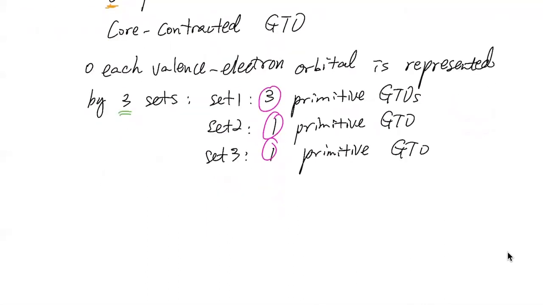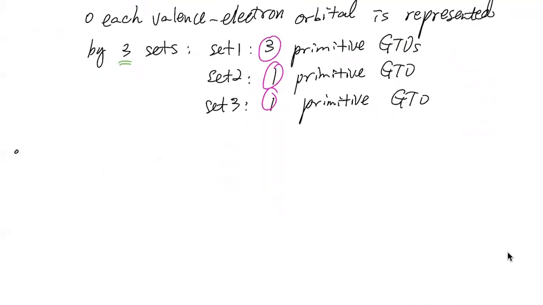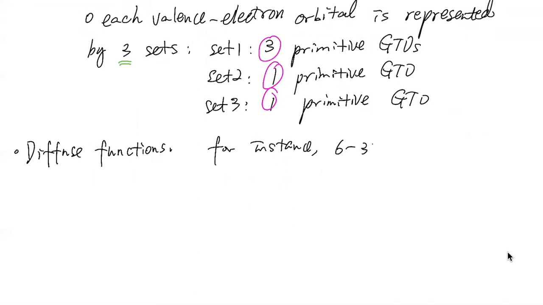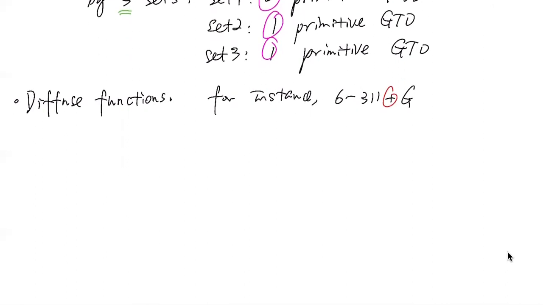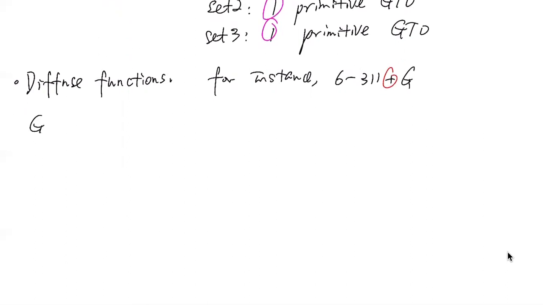Those are experimental observables about the energies. You can also have the so-called diffuse function. For instance, in the literature, if you see this symbol 6311+G, this plus sign means diffuse function. Diffuse really means Gaussian type orbitals with a small exponent alpha.